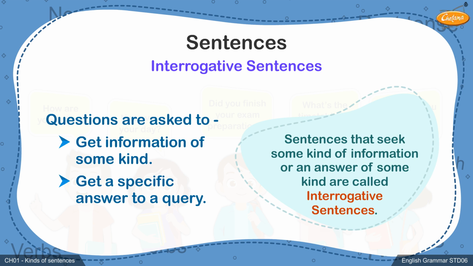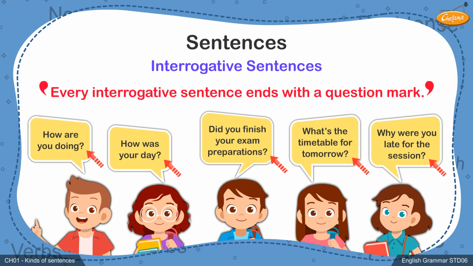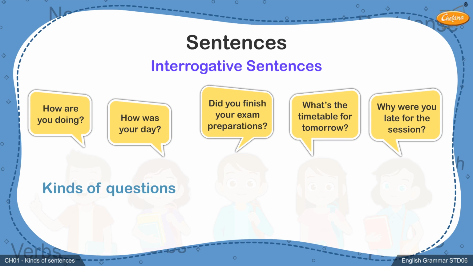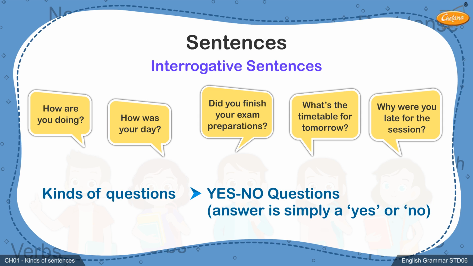Such statements which pose questions are called interrogative sentences. Every interrogative sentence ends with a question mark. These questions are of different kinds. Some questions which can be answered with a simple yes or no are called yes-no questions. No other information is sought when such questions are posed.